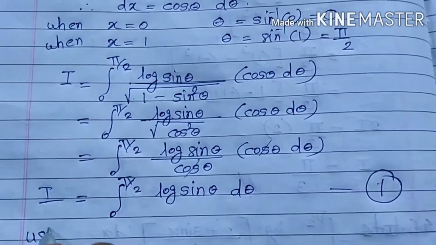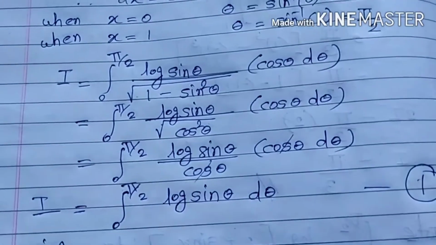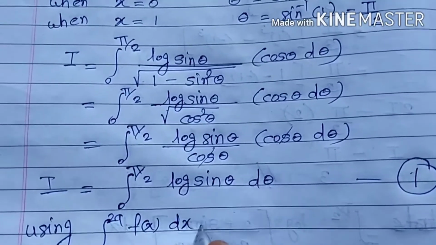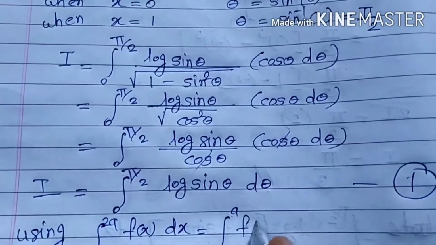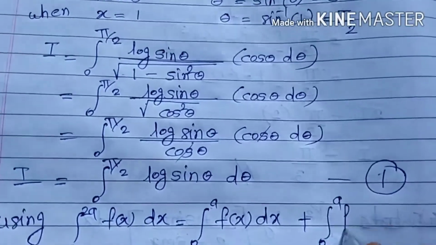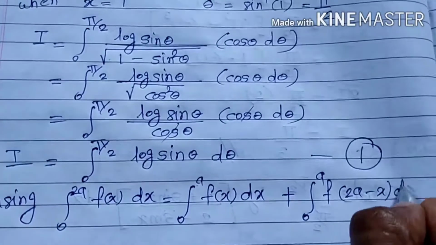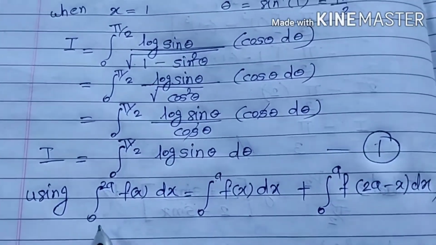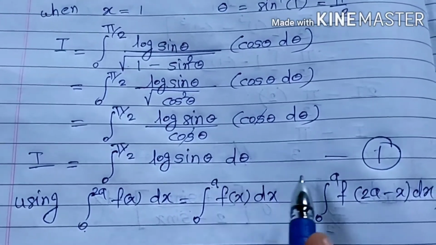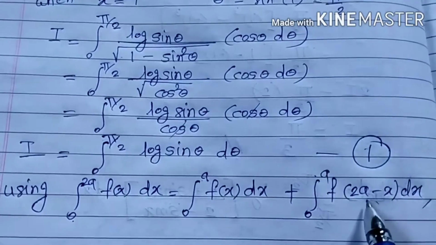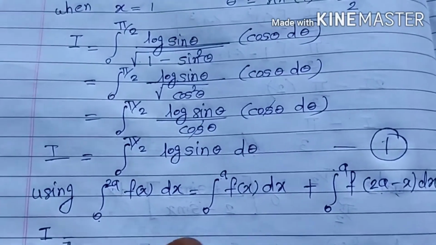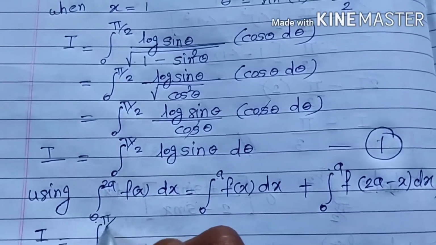So using the property, the integral from 0 to 2a of f of x dx is equal to the integral from 0 to a of f of x dx plus the integral from 0 to a of f of 2a minus x dx. So using this property, you can observe that this limit is 0 to 2a and here the limit is half of 2a, so it will become a, and here 2a minus x. Okay. So using this, I is equal to, the limit will become 0 to pi by 4.